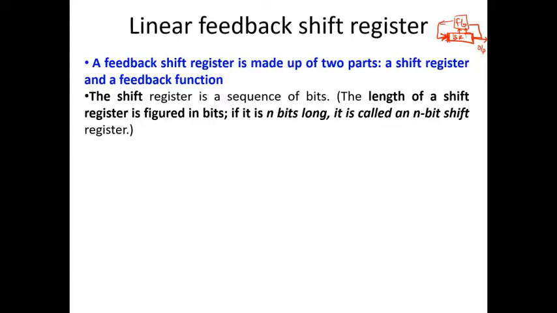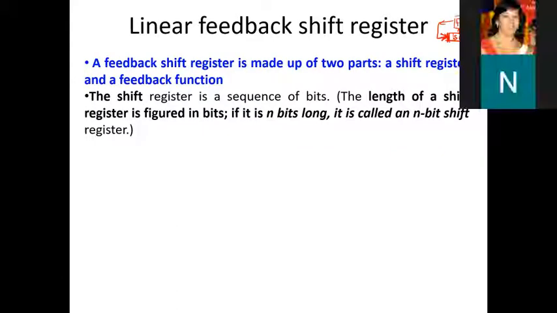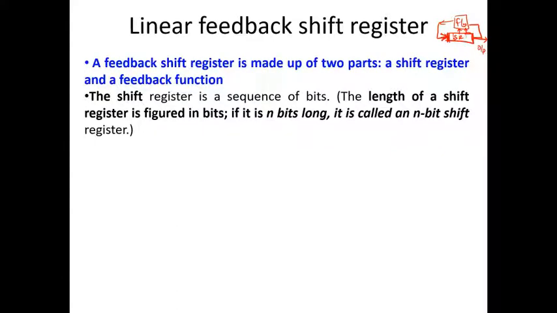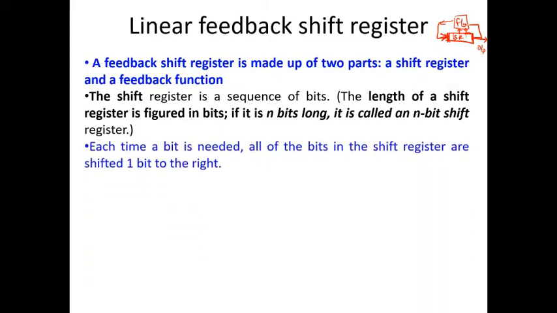So two parts basically. Usually we know what a shift register is. It is a sequence of bits. Length of a shift register is always given in terms of bits. So if I say I'm using an n-bit shift register, it has n flip-flops to store n bits at a time. Each time a bit is needed, all of the bits in the shift register will be shifted once to the right. In this case, we are taking the output at the right.